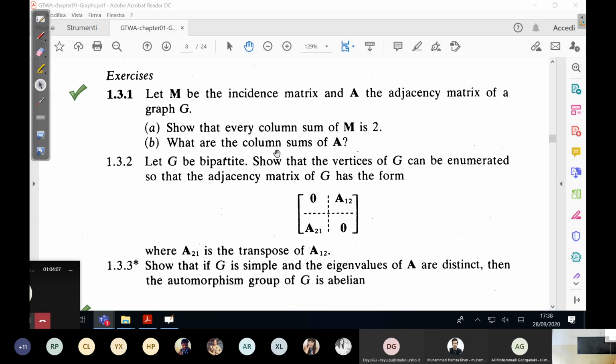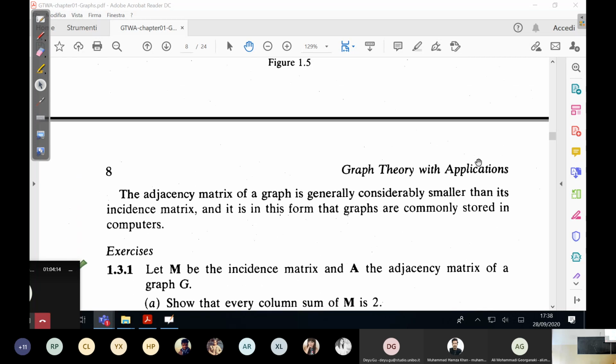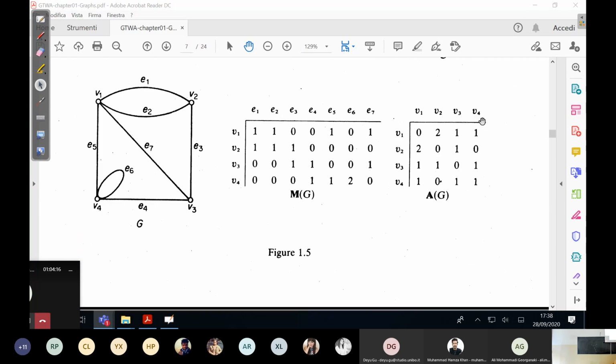And then there is the question, what are the column sums of A? Of course, you can try to understand what's going on by looking at the examples, but then you must have a general answer. So what do you have?